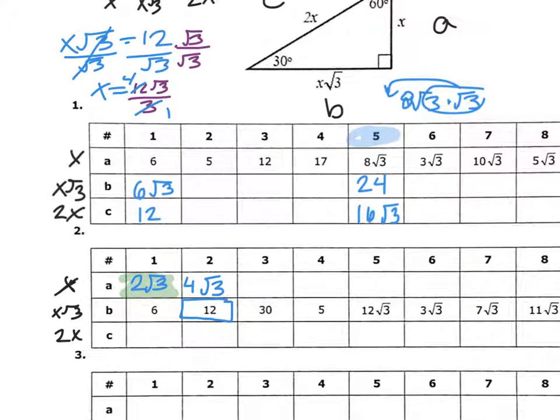Now I'm going to pause right there because I've done 2 examples, same process. If you're really good at finding patterns, you should be noticing a pattern emerge. How are we going from 6 to 2 square root of 3, 12 to 4 square root of 3? Hopefully you can use that pattern here to find your next 2 values.